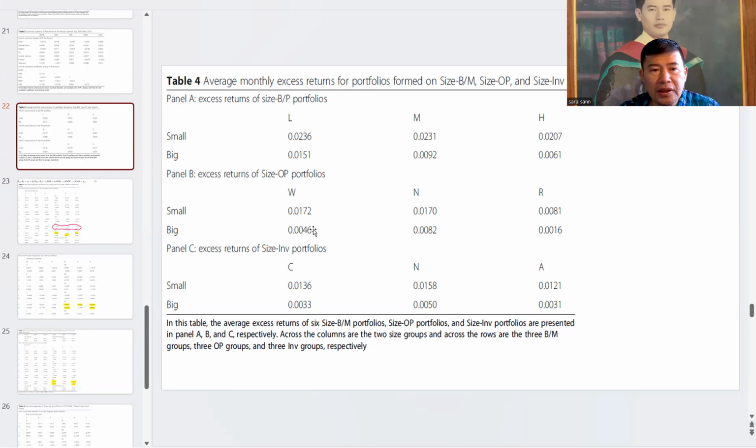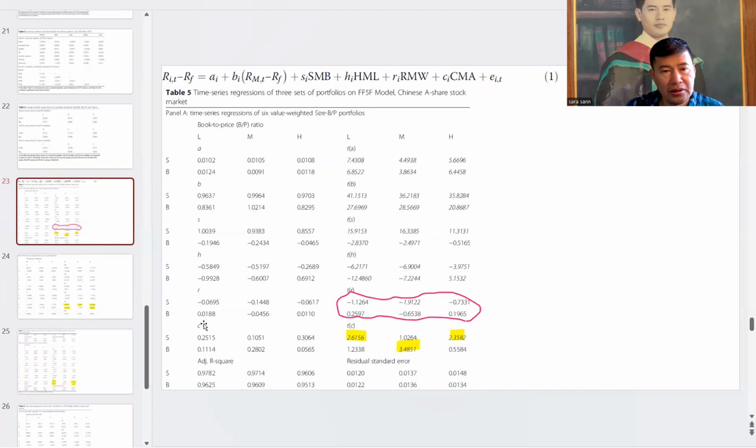Excess return relating to profitability. They just show the coefficient, but I don't see the t statistic. Okay, so I cannot conclude over here. So look at this one, the size profitability to the size, all are not significant.